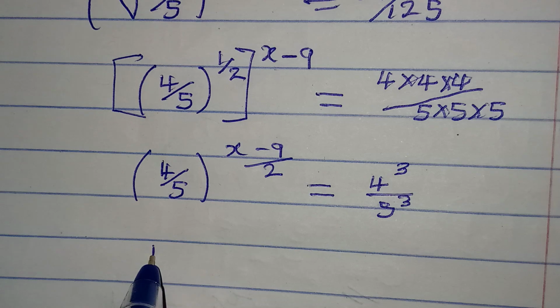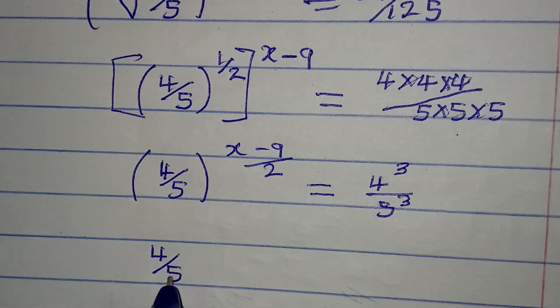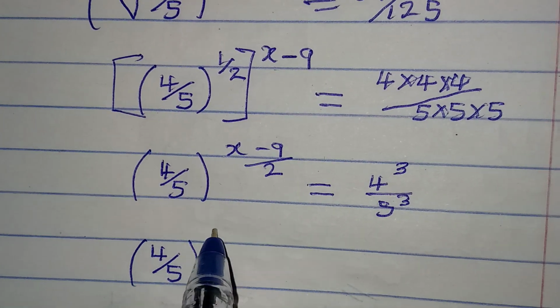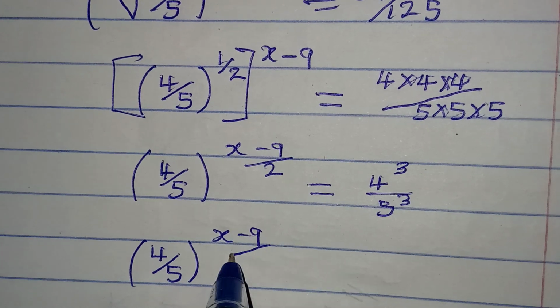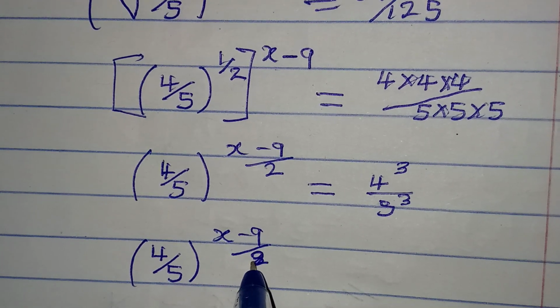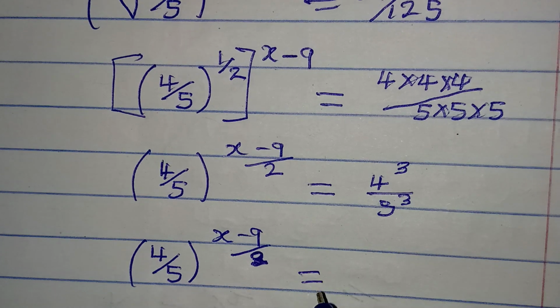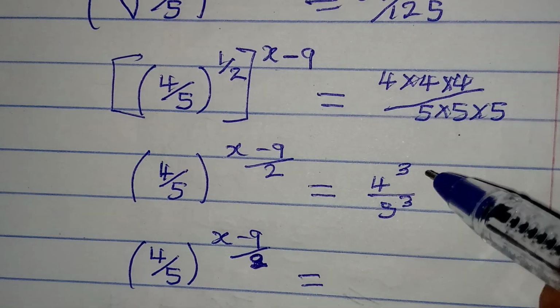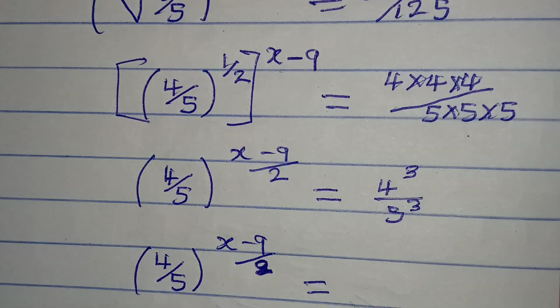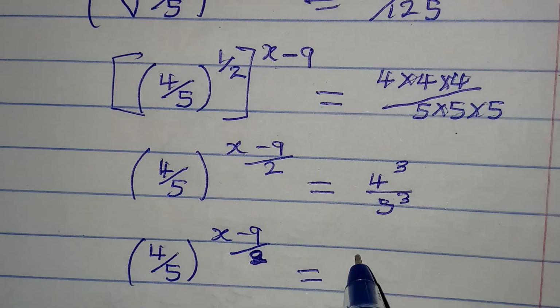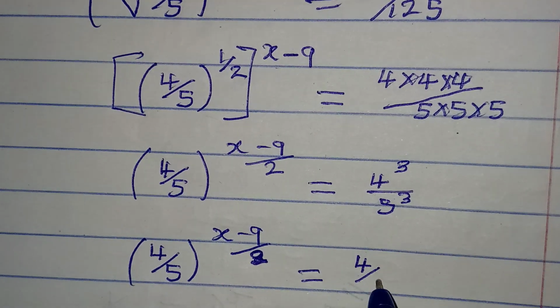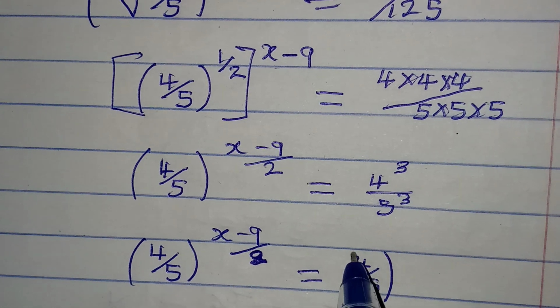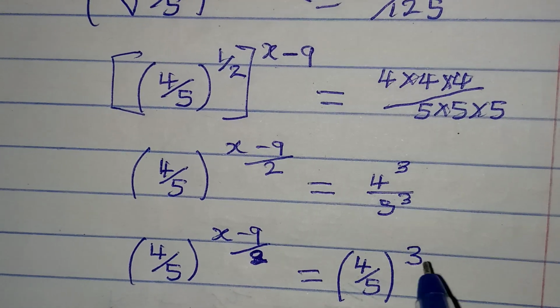From here, we still have (4/5)^((x−9)/2), which will be equal to, since we have 3 as the power for both of them, we can combine this and get (4/5)^3.